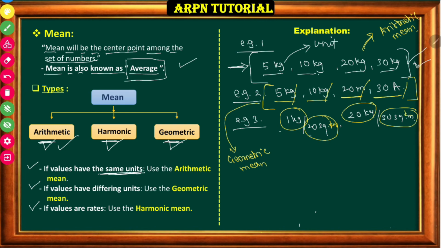This is the rate. If you can see, 1 upon something is the rate, or we can call it rational form, or rate, or ratio. In this scenario, for the third, what you can use is harmonic mean.